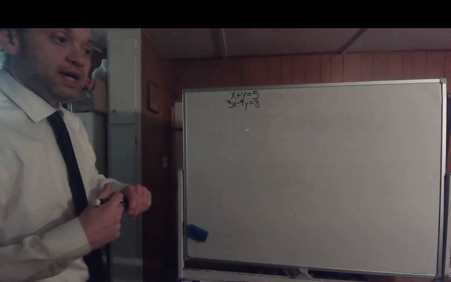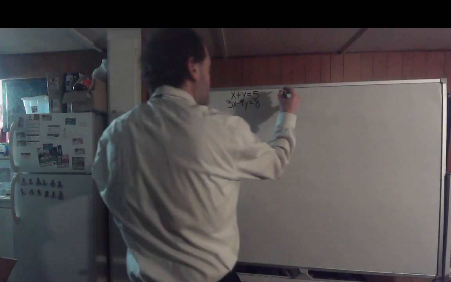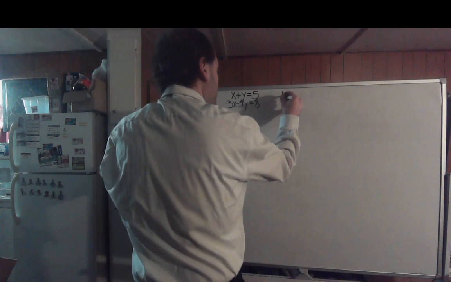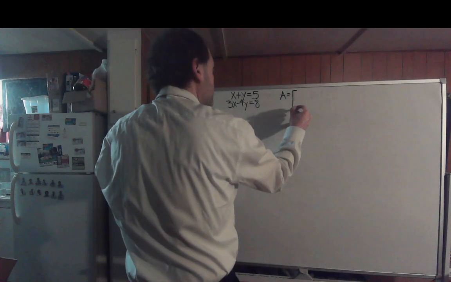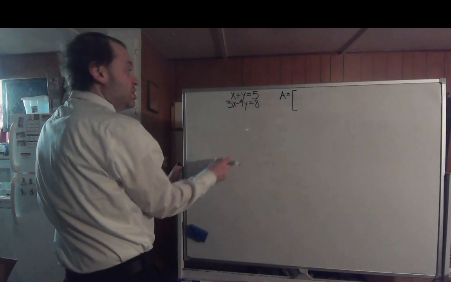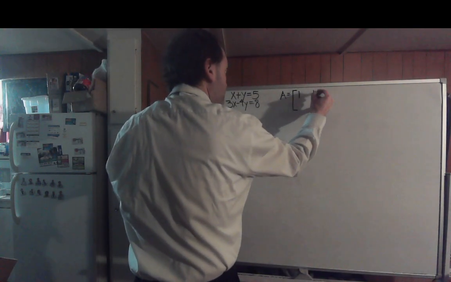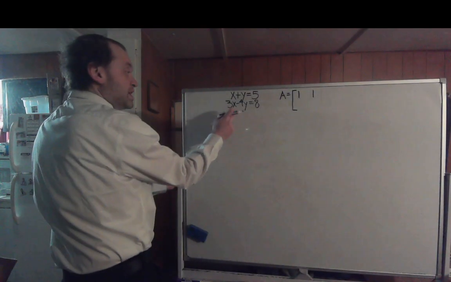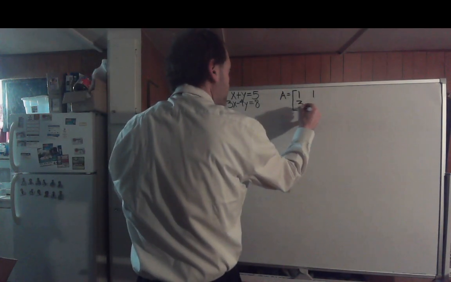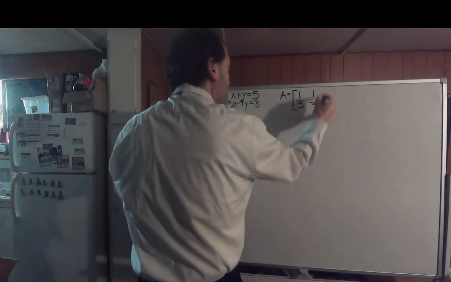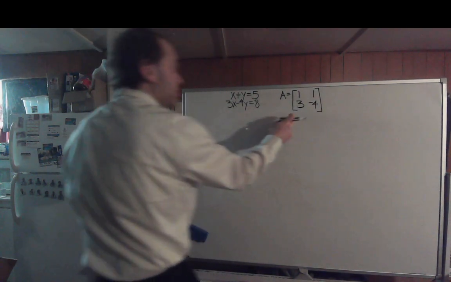Why don't we go ahead here and list our matrices? So matrix A is simply going to be a 2 by 2 matrix with the coefficients of x and y. In the first row, your coefficients are 1 and 1. In the second row, your coefficients are 3 and negative 4. So there's your A matrix.